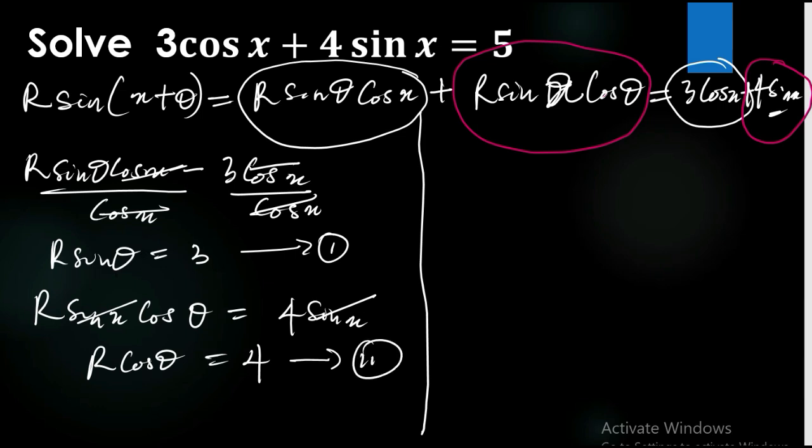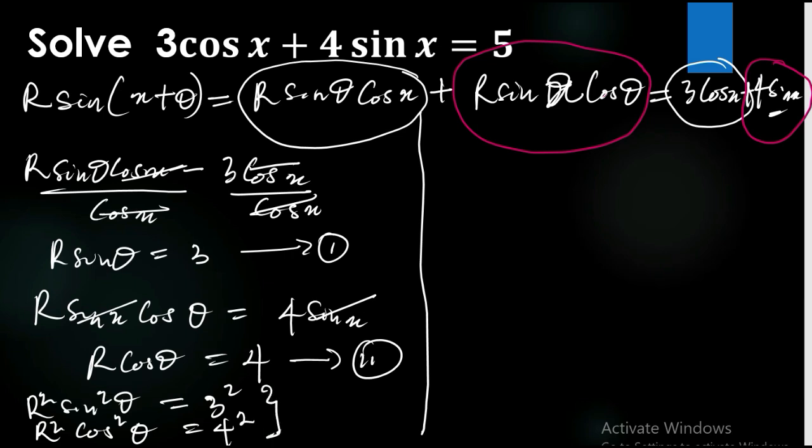Now, if you take the square of equation 1, it becomes r squared sine squared theta, which is equal to 3 squared. And if you take the square of equation 2, it becomes r squared cos squared theta, which is equal to 4 squared. Now we can sum up these two equations so that I'll have r squared sine squared theta plus r squared cos squared theta equal to 3 squared plus 4 squared.